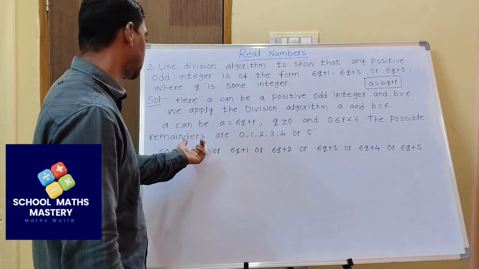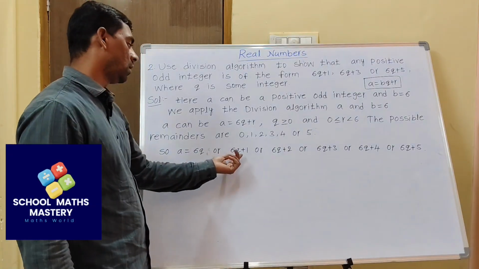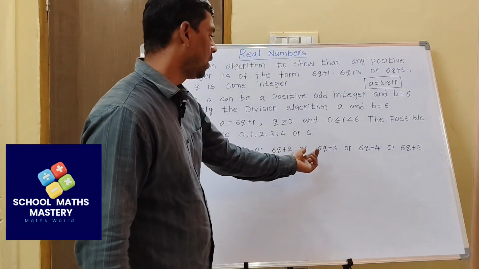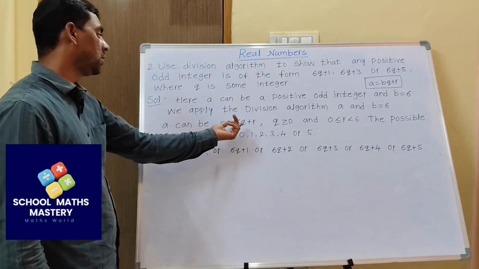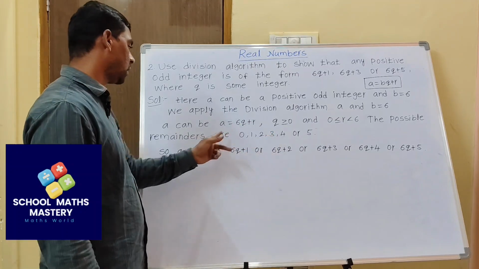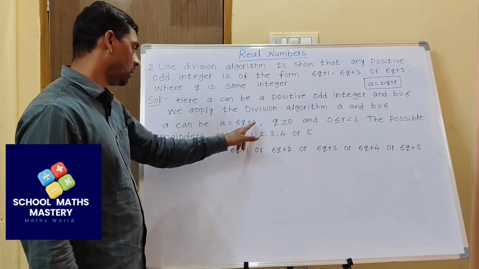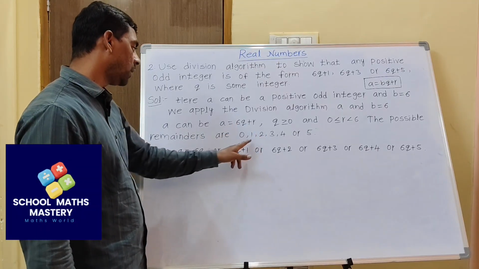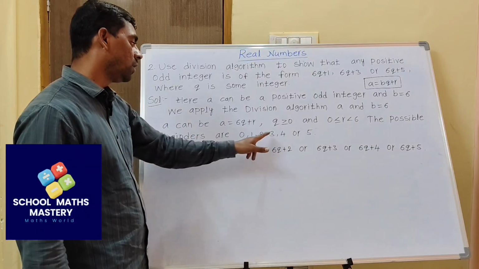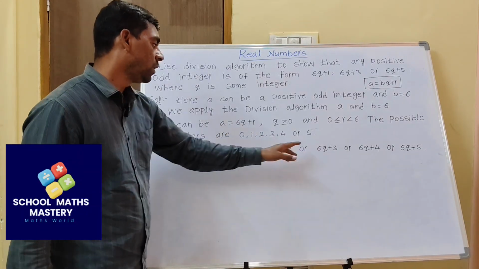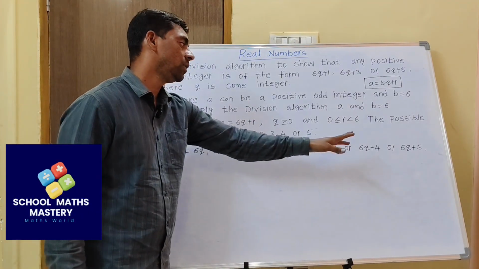The possible remainders are 0, 1, 2, 3, 4 or 5. So we get a equal 6q or 6q plus 1 or 6q plus 2 or 6q plus 3, 6q plus 4 or 6q plus 5. Look here, 6q plus r. These remainders are 0, 1, 2, 3, 4, 5. So 6q if remainder is 0. If remainder is 1, 6q plus 1. If remainder is 2, 6q plus 2. If remainder is 3, 6q plus 3. If remainder is 4, 6q plus 4. If remainder is 5, 6q plus 5.